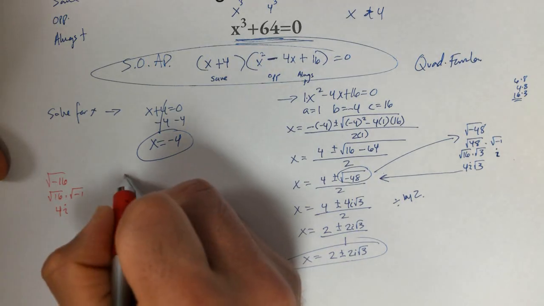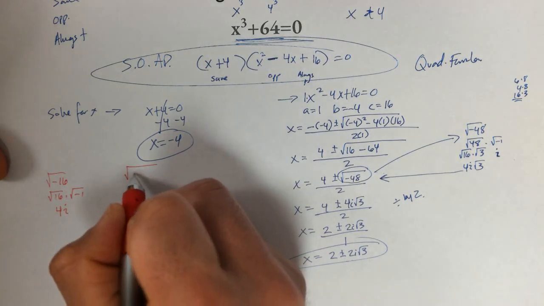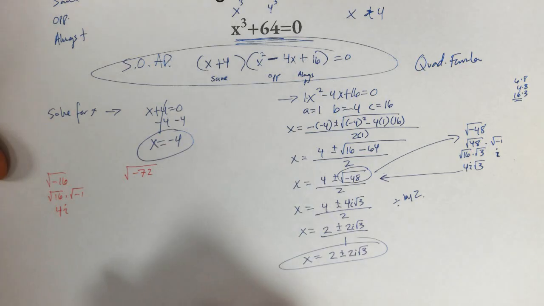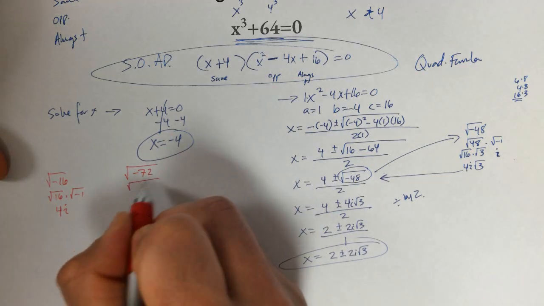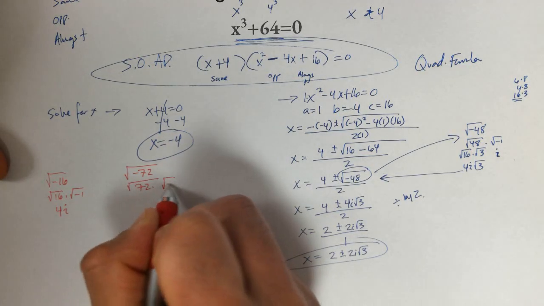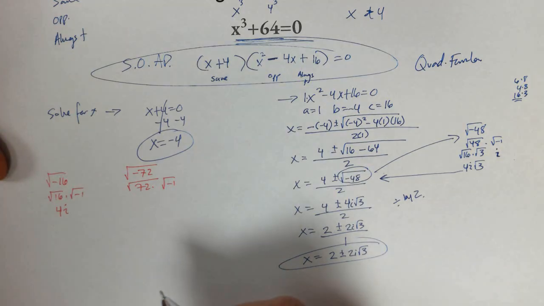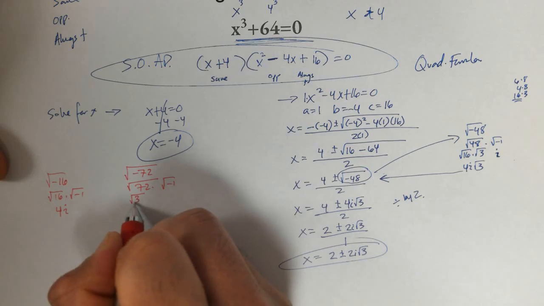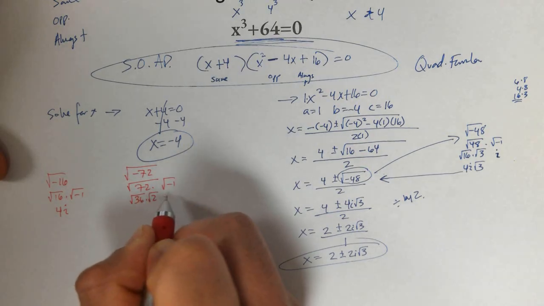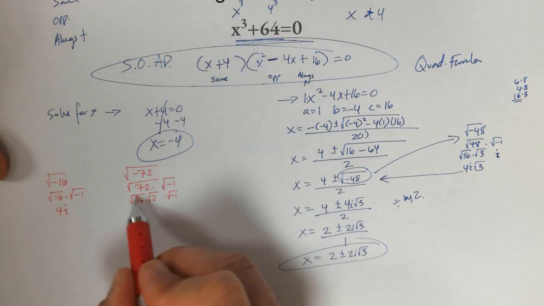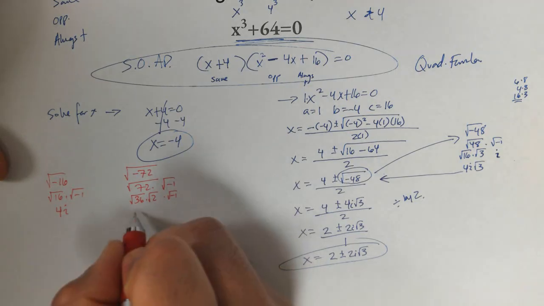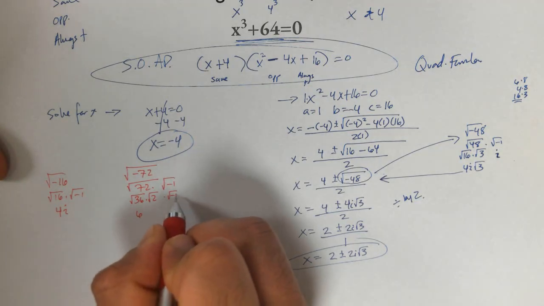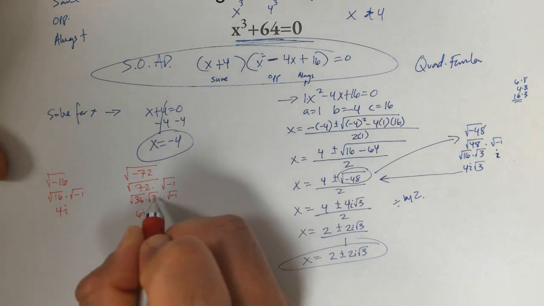What about the square root of, say, -72? Well, this is just the square root of 72 times the square root of -1. 72 can be broken into 36 times 2. And 36 has a square root, which is just 6. The square root of -1 is i, and 2 stays inside.